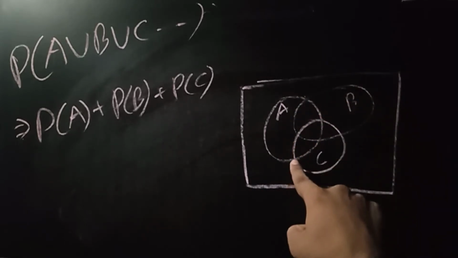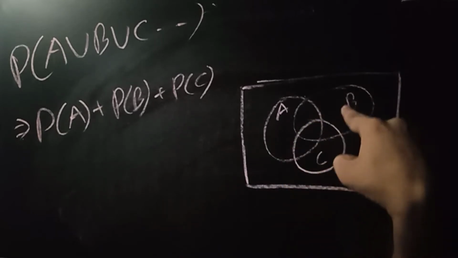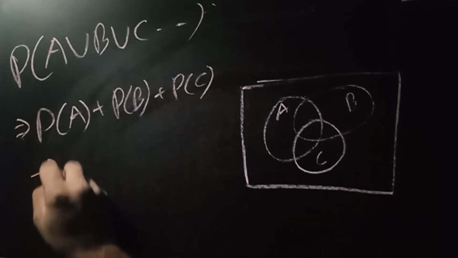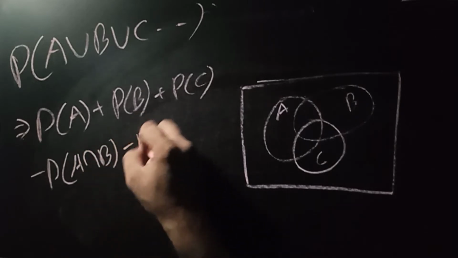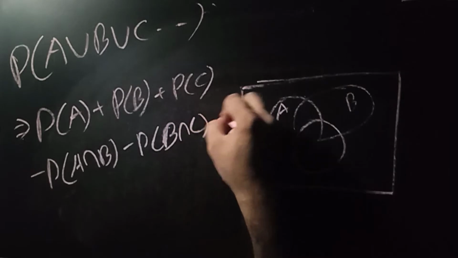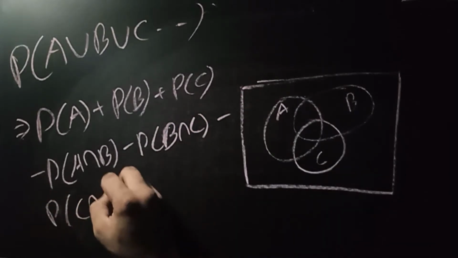Then for this side, this area is taken for A and also for C, and then again for this one. So these three we have to cancel. So it's minus P of A intersection B, minus P of B intersection C, minus P of C intersection A.